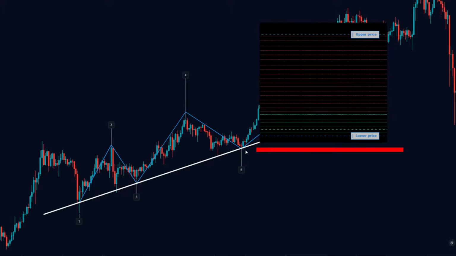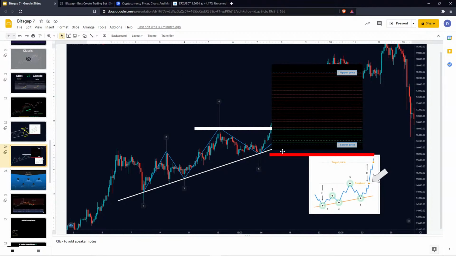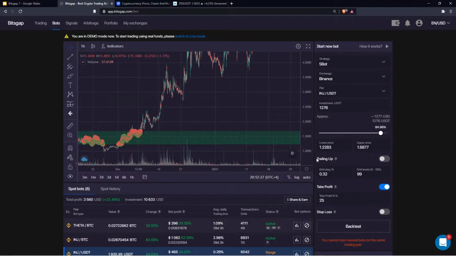Okay, because you see, if it breaks the support, then here I have my stop loss and I will not participate in the downfall further. Okay, so always make sure that you stick with the basic risk management tools, which is in this case the stop loss. And to maximize your returns, make sure that you stick with the trailing up instrument.